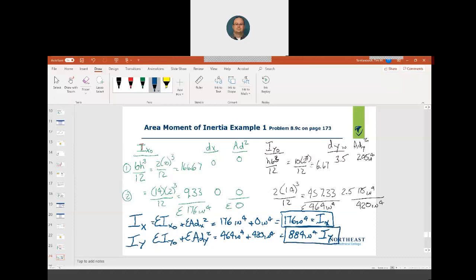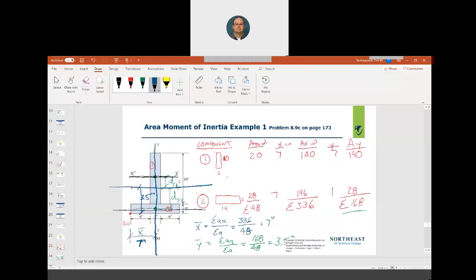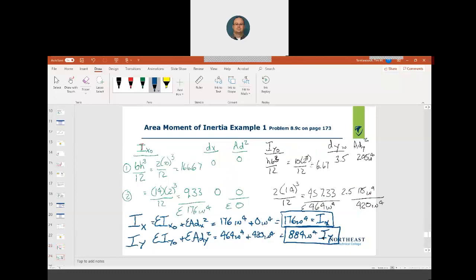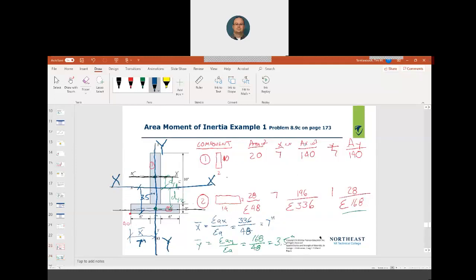So which direction is stiffer? This is x, x. This is y, y. According to this, my load, this object is actually stiffer going around the y-axis.